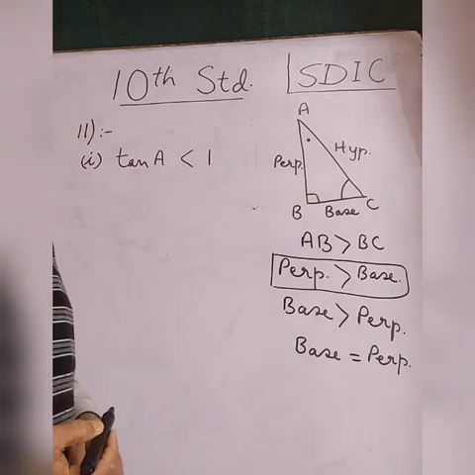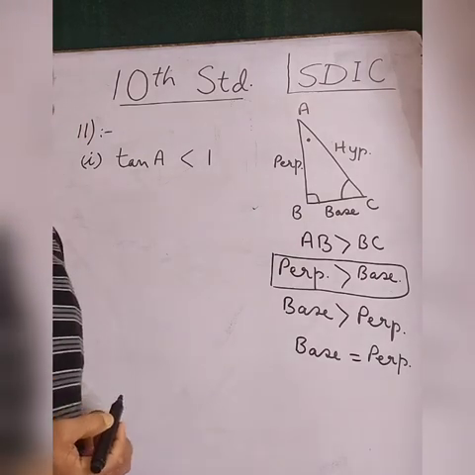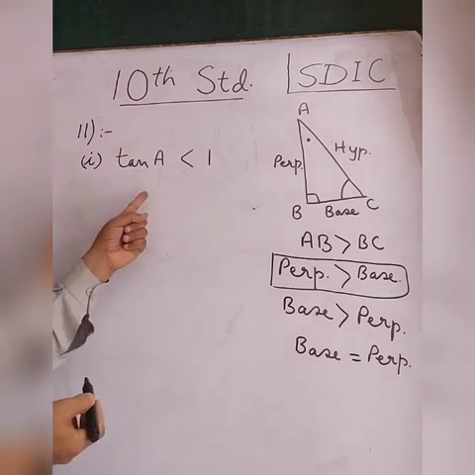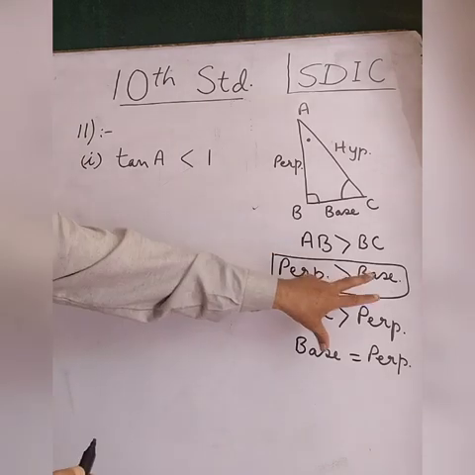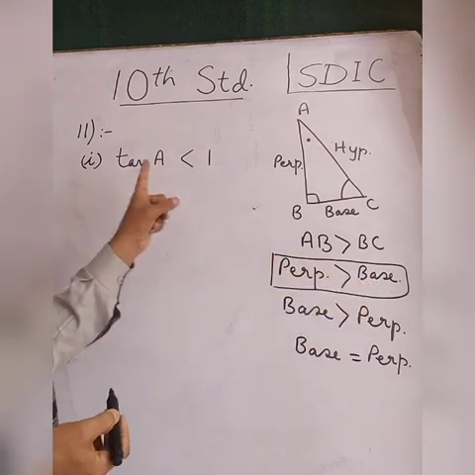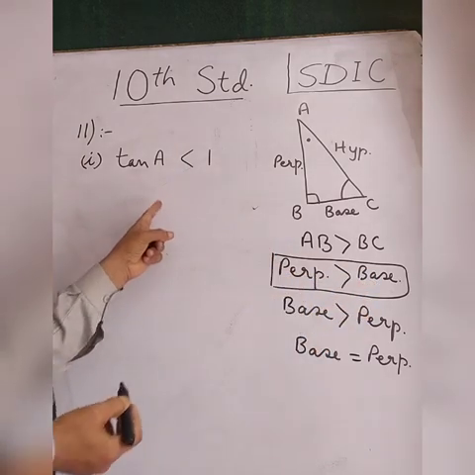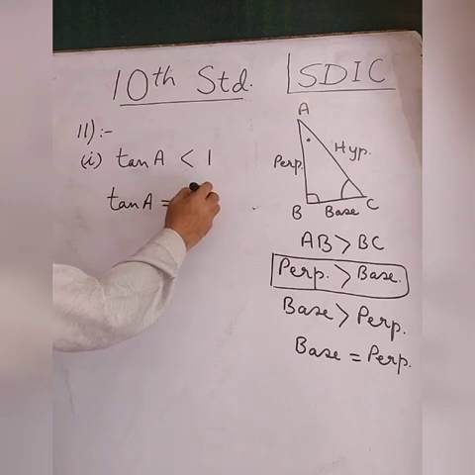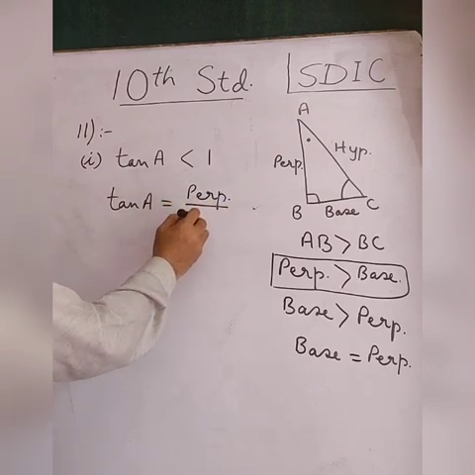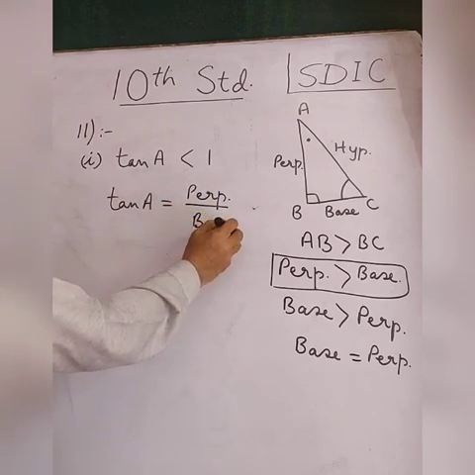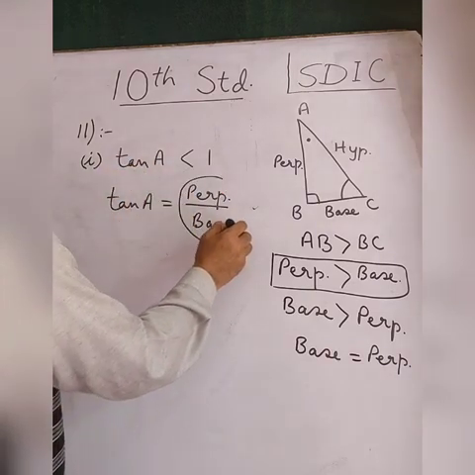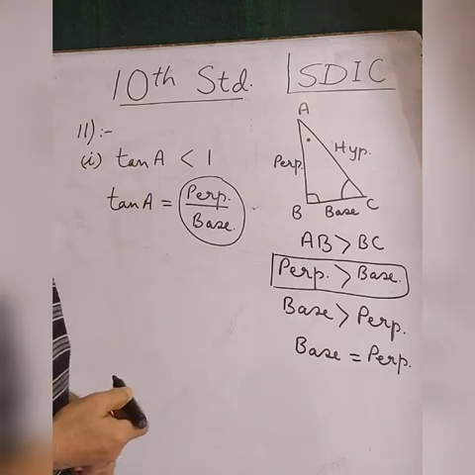This is the statement. You have to answer this, whether this is true or false, and then you have to justify this. To answer this, you have to keep in mind these facts. You have to use the definition of tan. Well, the definition of tan says tan is perpendicular by base. It is a ratio, ratio of perpendicular and base.